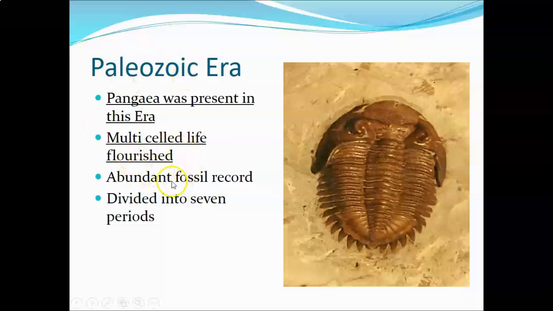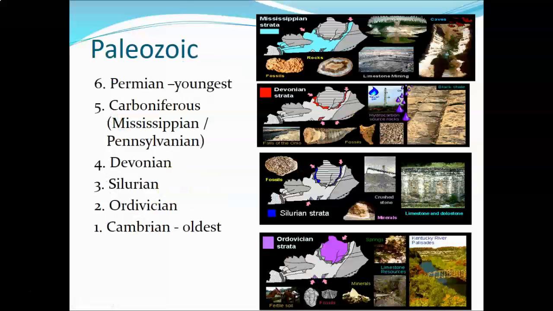And then we divide the Paleozoic into 7 different periods. And so the Paleozoic is broken down into, I'm going to go from the oldest to the youngest here: Cambrian, Ordovician, Silurian, Devonian. The Carboniferous, I like to break it down into the Mississippian and Pennsylvanian. Guess where you can find those rocks?